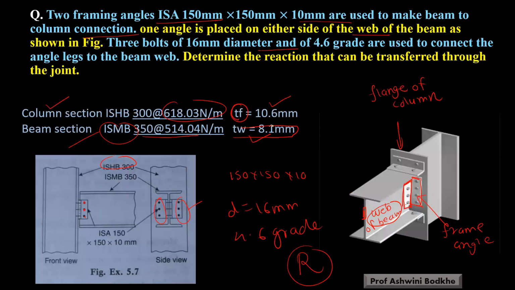Thickness of web is 8.1 mm, and thickness of angle is 10 mm. Consider minimum thickness is 8.1.